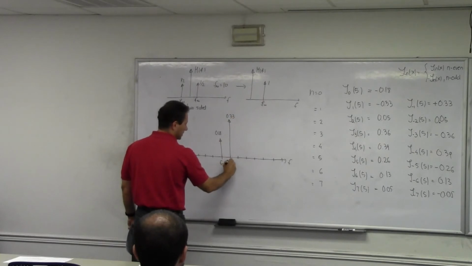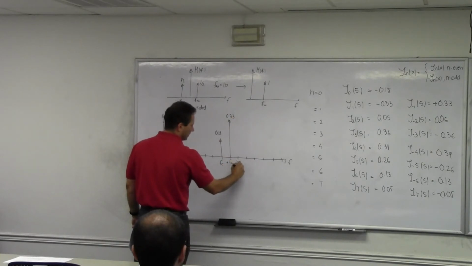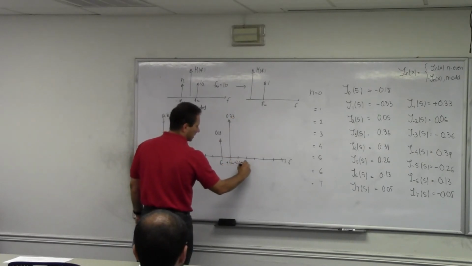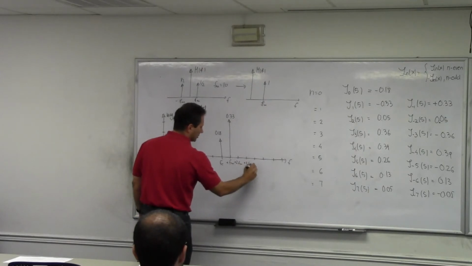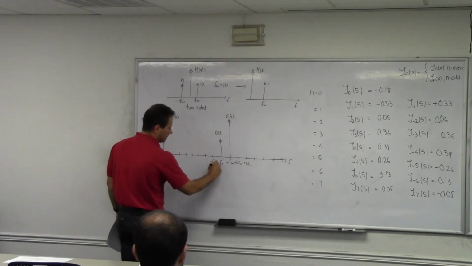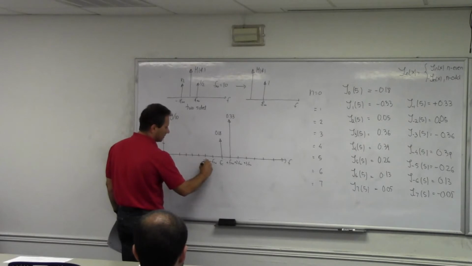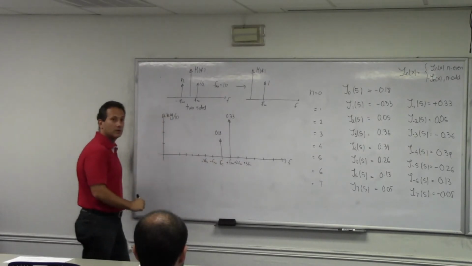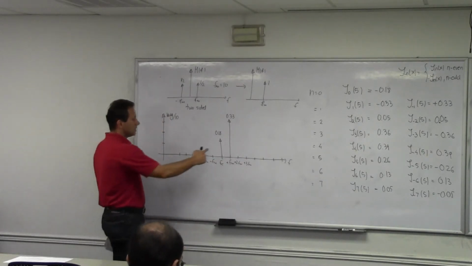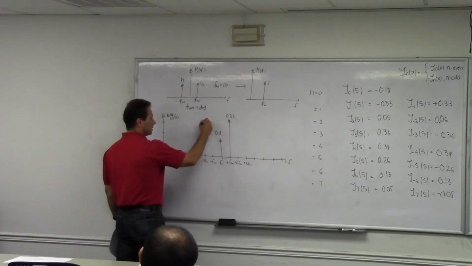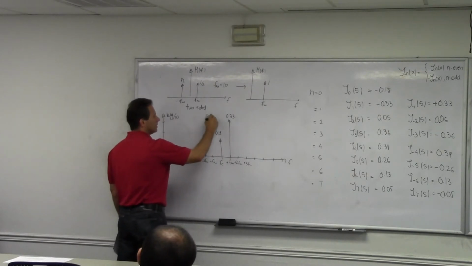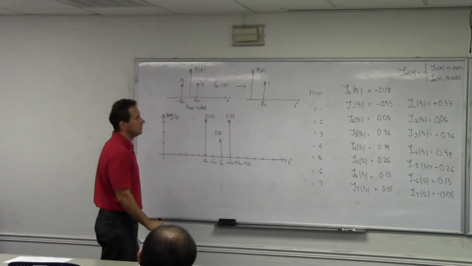This is plus FM, plus 2 FM, plus 3 FM, and so on, minus FM, minus 2 FM, and so on, right? It's relative to the carrier frequency. So there's plus 0.33 here, plus 0.33 here, magnitude 0.33.